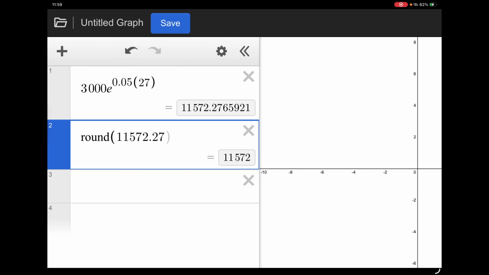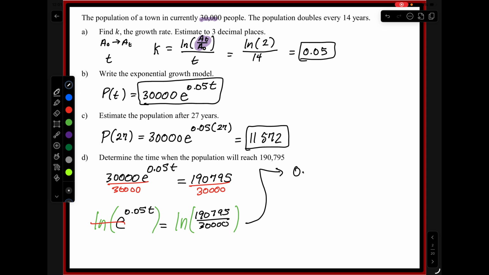We're going to get rid of the base e by taking the natural log. So I'm going to take the natural log of this side and the natural log of this side. So that'll eliminate this, leaving us with 0.05 T equals the natural log of 190,795 divided by 30,000.